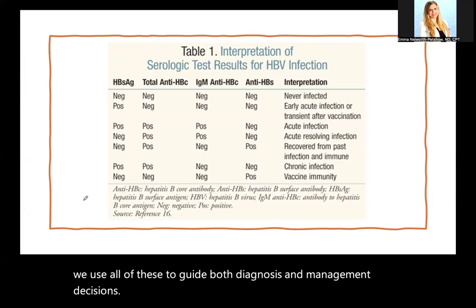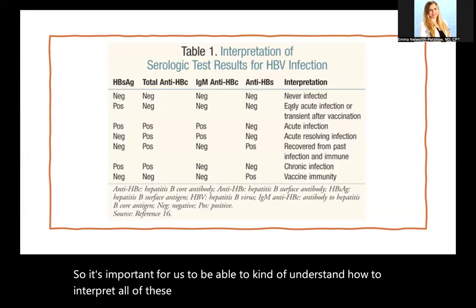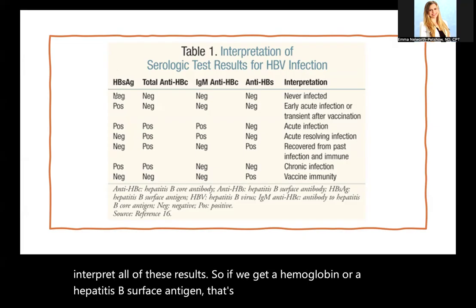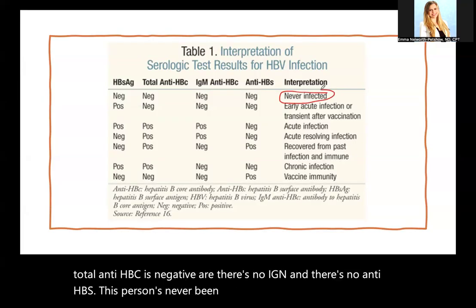So it's important for us to understand how to interpret all of these results. If we get a hepatitis B surface antigen that's negative, and you see that the total anti-HBc is negative, or there's no IgM, and there's no anti-HBs, this person's never been infected.